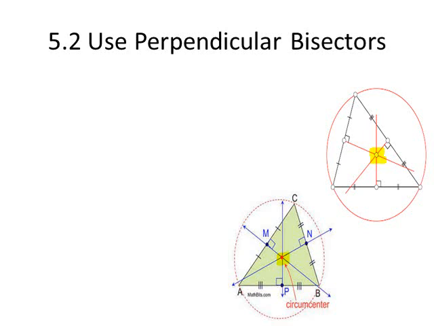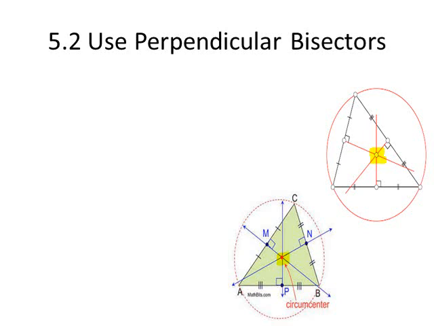This point is the point of intersection, or concurrency, of the perpendicular bisectors of the triangle. We call this point the circumcenter. What is the meaning of circumcenter, Mister? The circumcenter is the point of intersection of the perpendicular bisectors in the triangle.